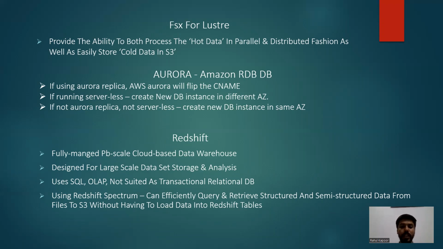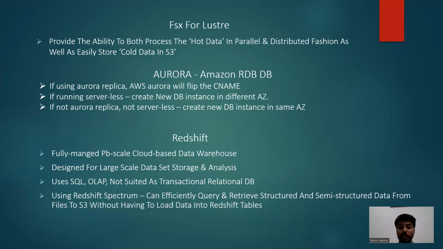Okay, then Redshift, it's a fully managed petabyte scale cloud-based data warehouse, right? I mean, it is used for very large scale dataset storage. It uses SQL. Okay, so again, a relational kind of DB. And this is online analytical processing, OLAP. It is not suited for transactional relational database.